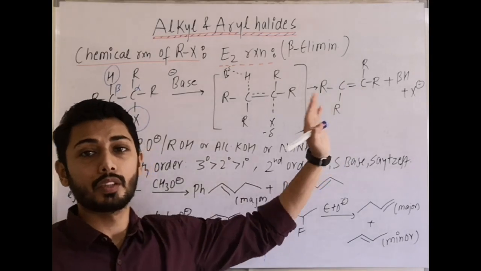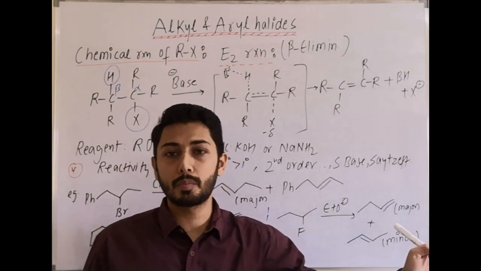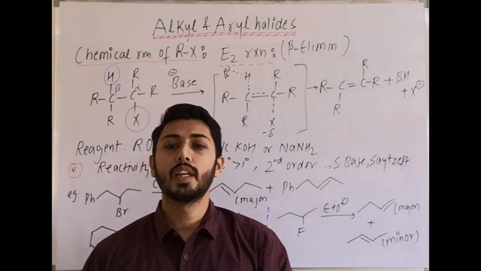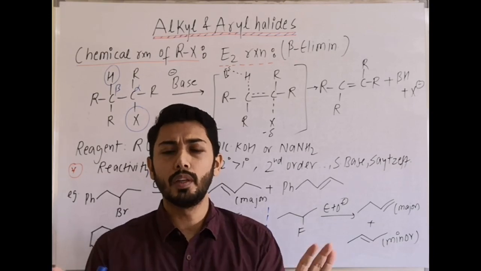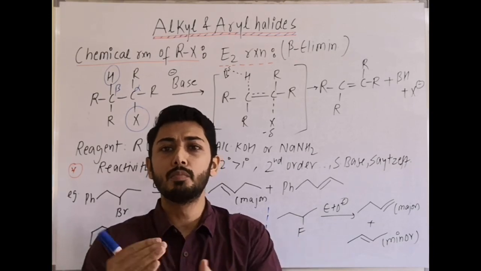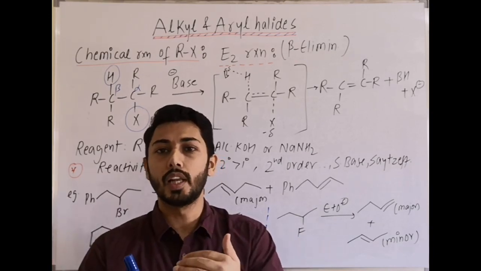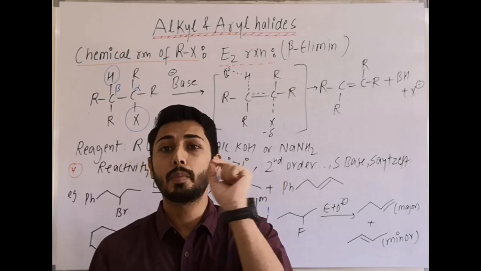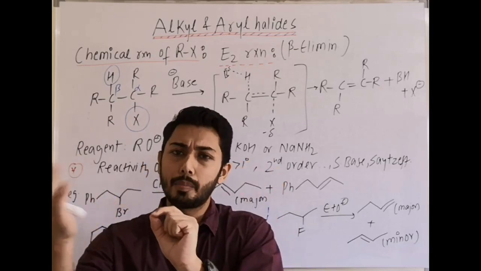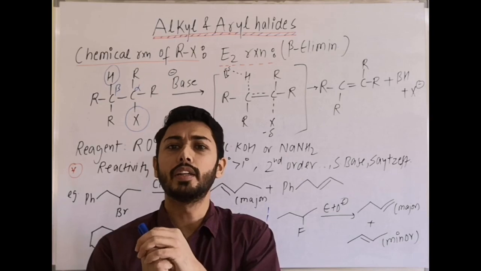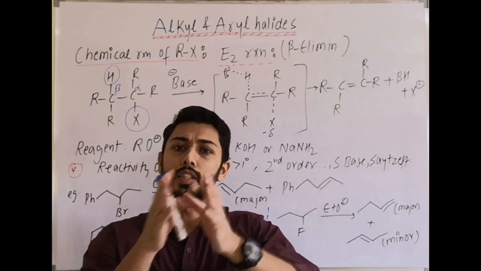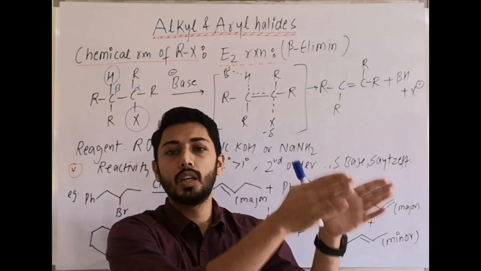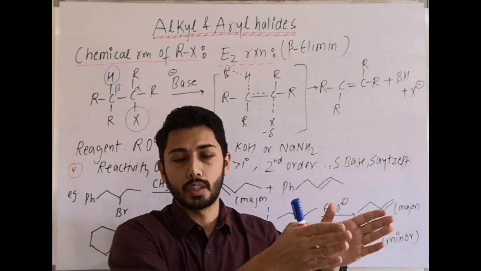Now remember, Saytzeff alkene is formed as a major product and Hofmann alkene is minor product most commonly, because Saytzeff alkene is more branched or more substituted alkene. And if you remember, more branched alkene generally through hyperconjugation are more stable, and that is why Saytzeff alkene is formed generally as a major product.